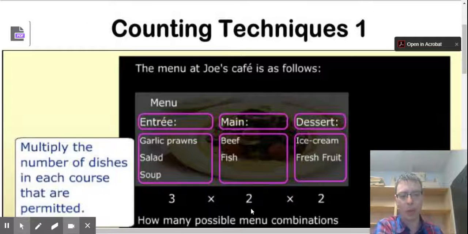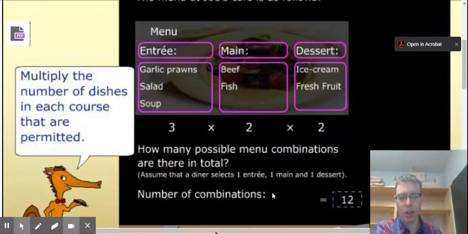And remember, when multiplying, it doesn't matter which ones you do first. I can do 2 multiplied by 2, which is 4, and then multiply 3 and 4 together, which gives me 12. Or I can multiply 3 multiplied by 2, which gives me 6, and then 6 multiplied by 2, this last one, would give me 12. Same answer. Either way, it really doesn't matter. So, of course, the answer is 12.